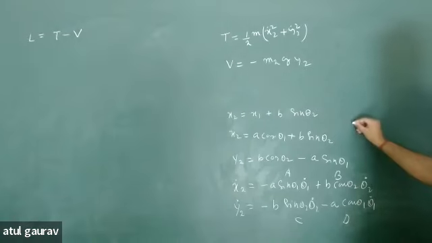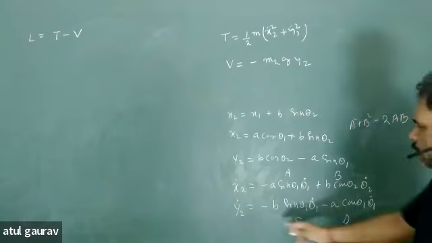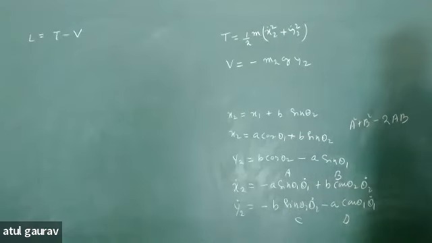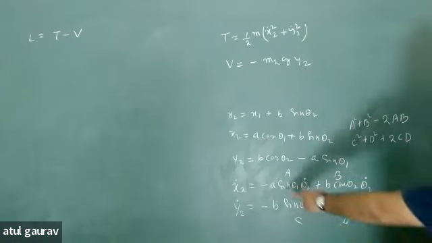What is y2 dot square? C square plus D square plus 2CD. Okay. Now we will collect A with D.